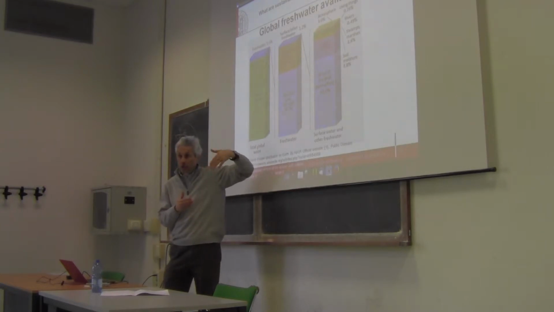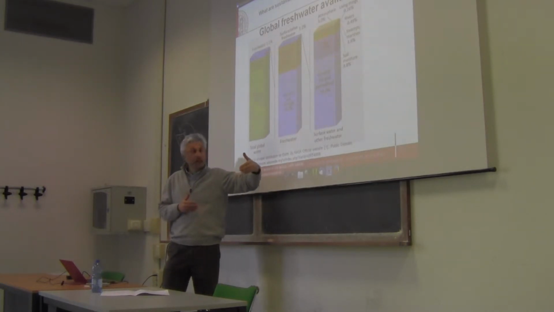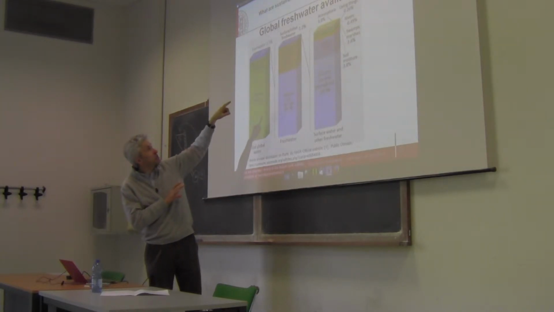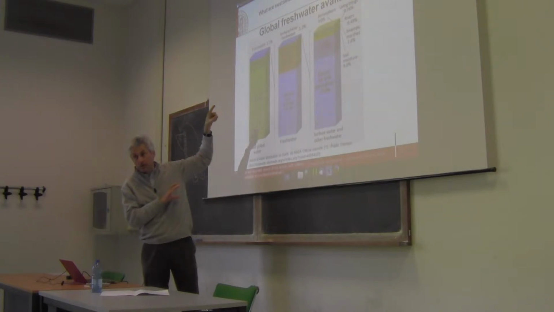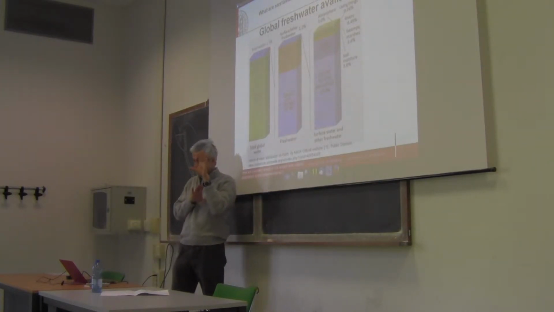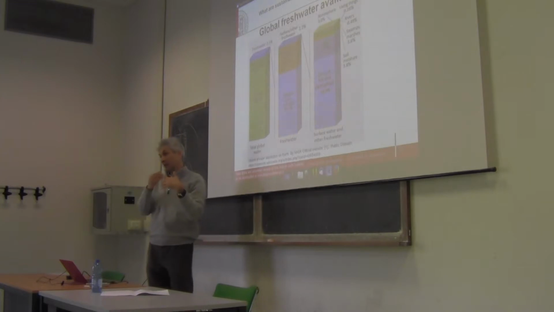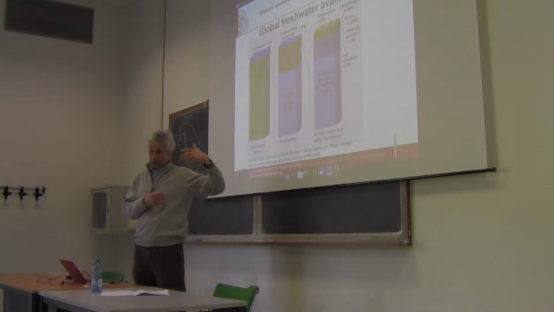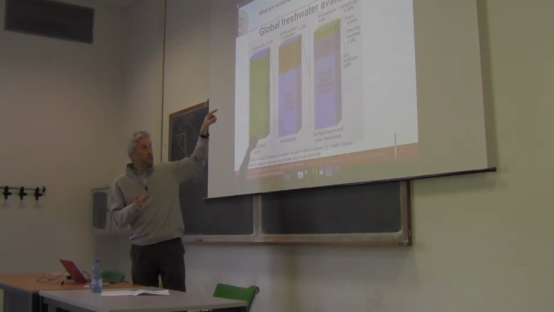Groundwater is not renewing so quickly. So it is true that if you look at the instantaneous picture, groundwater is 30 times surface water in terms of volume. That's true. But given that groundwater is not renewing quickly, it happens that water withdrawals, water supply delivered to people, to industries, and to agriculture, are in proportions that are not 30 to 1.